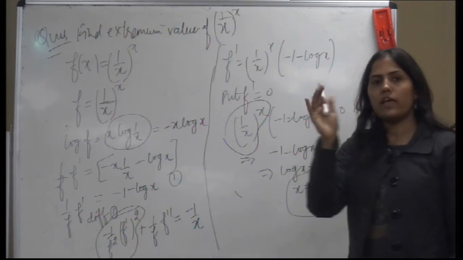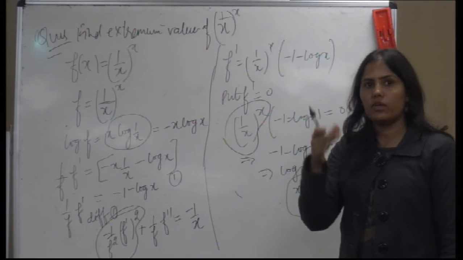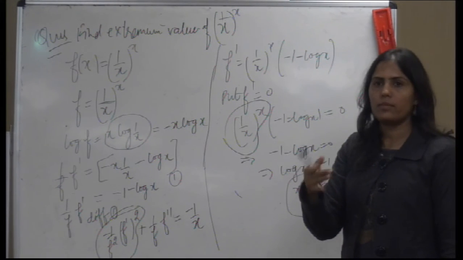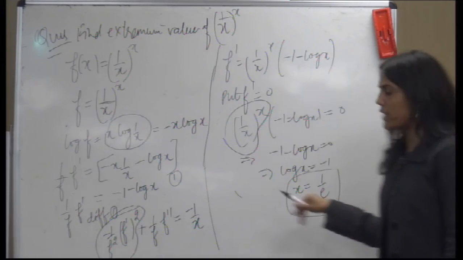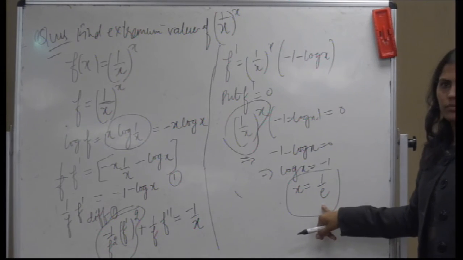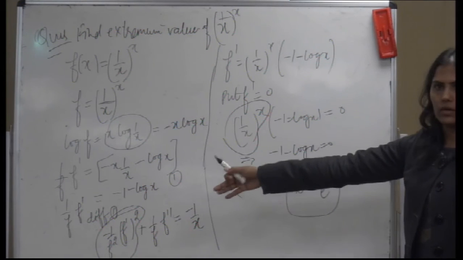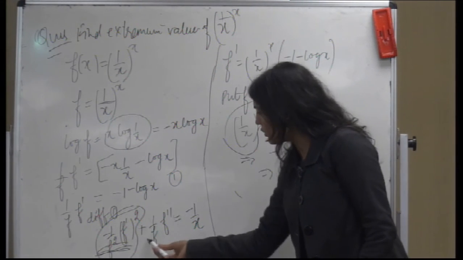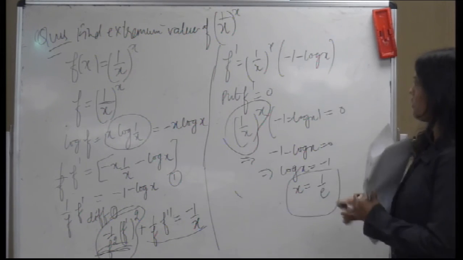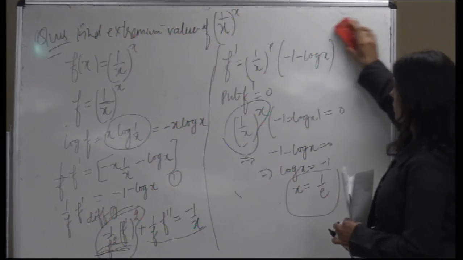So now I'll check the behavior of that quantity. If it is less than 0, I'll say point of maxima. If it is greater than 0, it is a point of minima. Are you getting it? Because at this point the derivative is 0, the first term gets cancelled. So I am left with these two terms.